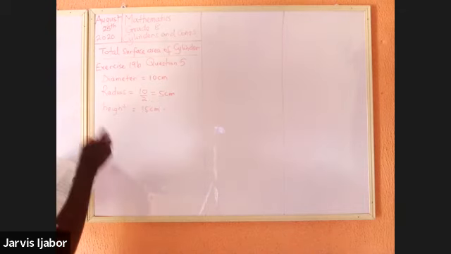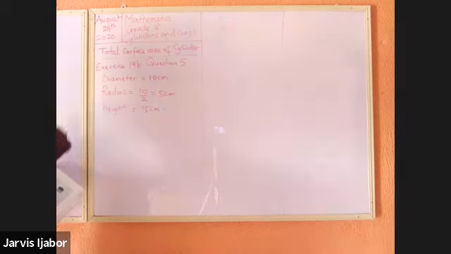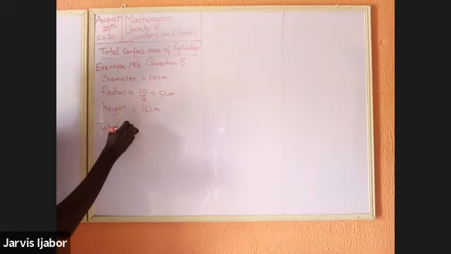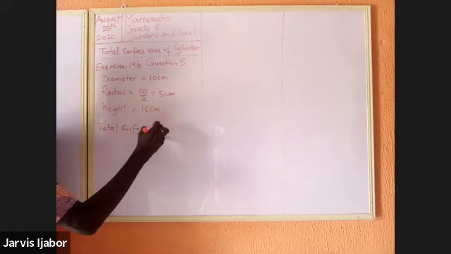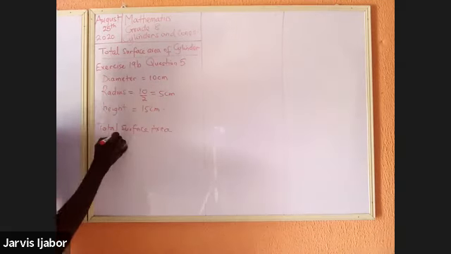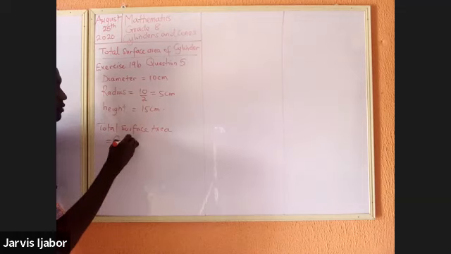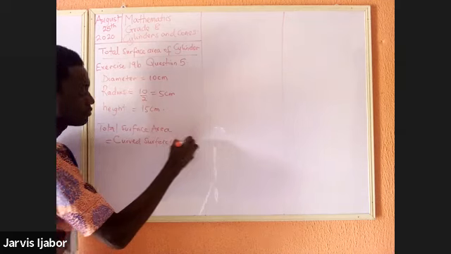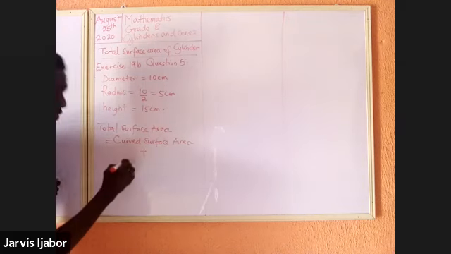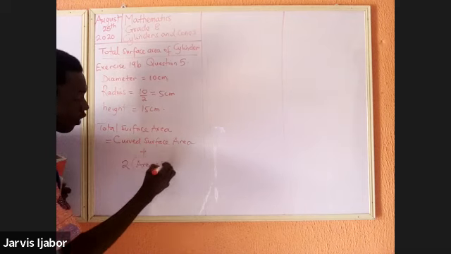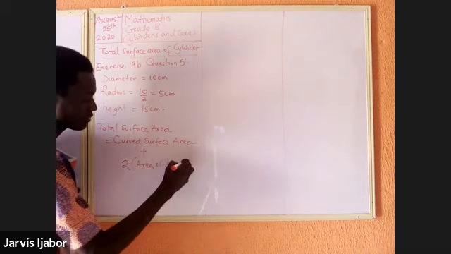So now you are told to calculate the total surface area. The total surface area will be equal to the curved surface area plus 2 times the area of the base of the cylinder.